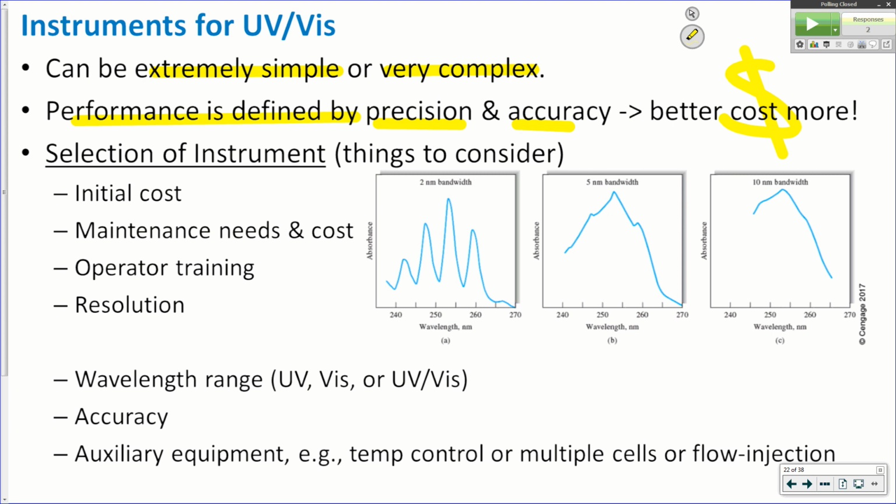So it gets to every extreme in between. Things that you have to consider: what is the initial cost of the instrument? What type of maintenance costs are required?